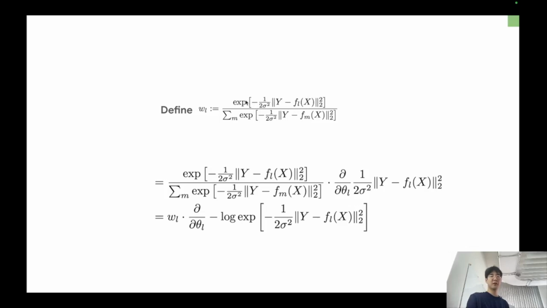So in other words, it's the softmax over the vector which is given by minus 1 over 2 sigma squared times the L2 loss. And then you have the rest of the terms on which you can introduce minus log and exp together. Minus log exp and minus. So together they all disappear. It's an identity mapping if you do all these four operations together. So you just plug them in between the derivative here and the term here.